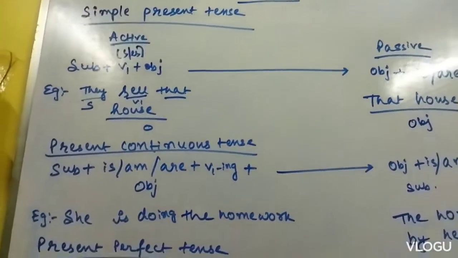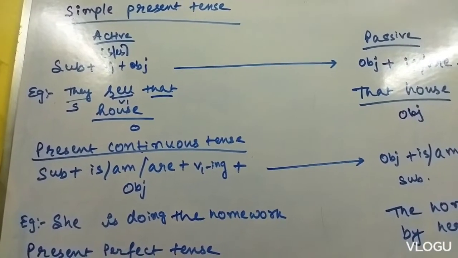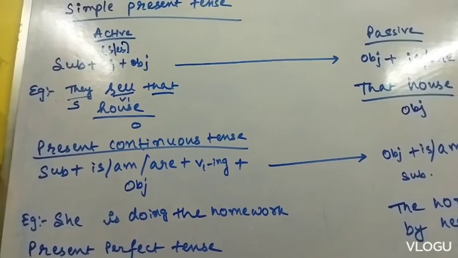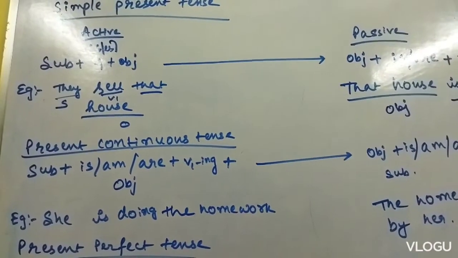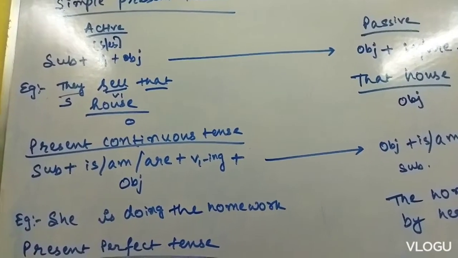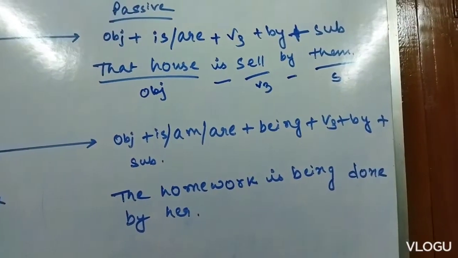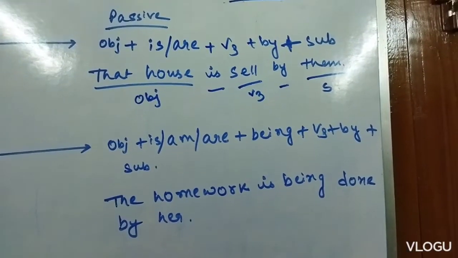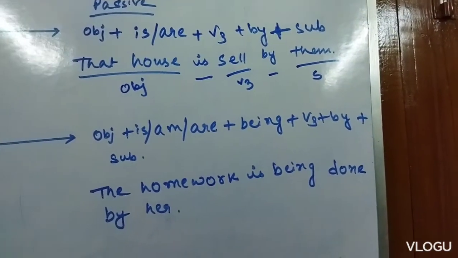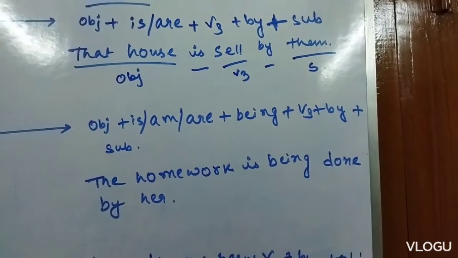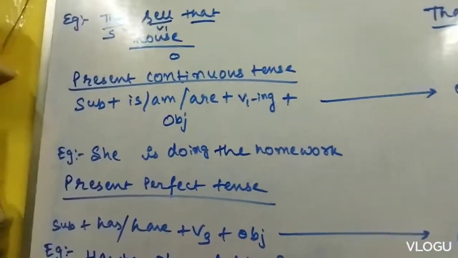Okay? Now our present continuous tense. Present continuous tense, as we know, is subject plus is am are plus V1 plus object. She is doing the homework. This is our example. And when it changes to passive, it becomes object plus is am are plus being plus V3 plus by plus subject. Okay? So our sentence was she is doing the homework.